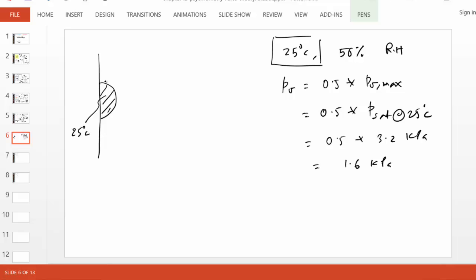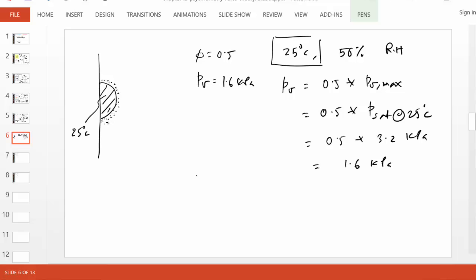So imagine what will happen right next to the droplet. The vapor here will be in equilibrium with the water. And if so, the air will be saturated right next to the droplet. Of course, here relative humidity is 50%, phi equals 0.5, vapor pressure equals 1.6 kPa.